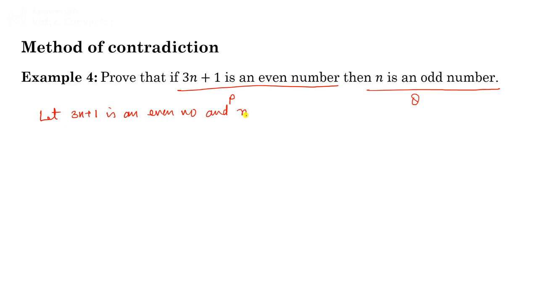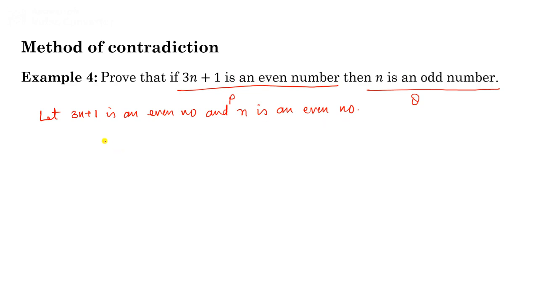Here we have to assume that negation Q is true, which means n is an odd number is false. If this is false, what will we assume? We will assume n is an even number, which is the negation of n is an odd number.